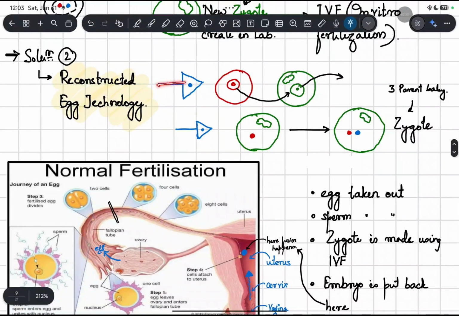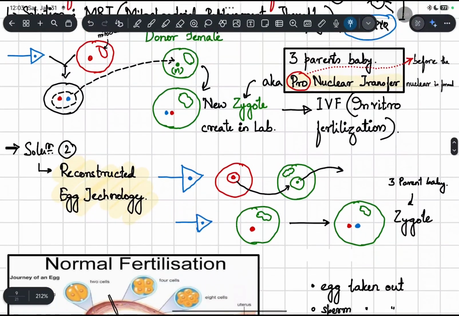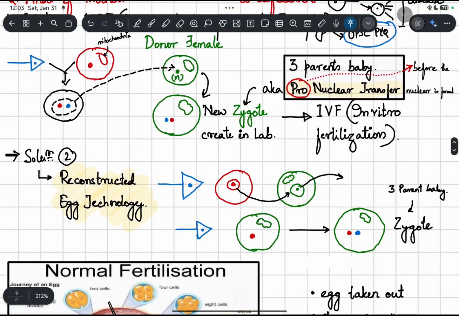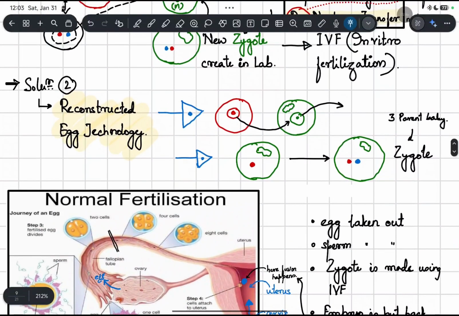Here we have the sperm cell, here we have the egg cell. In the previous solution, we allowed the egg and the sperm to fuse, and then the pronucleus was transferred. But here we won't allow this fusion, right? This sperm cell would not be allowed to fuse with that egg cell.